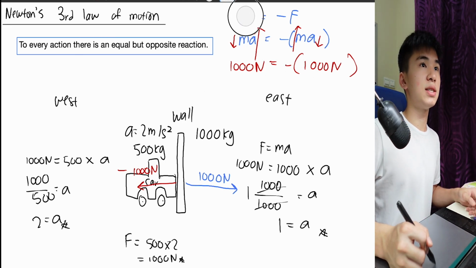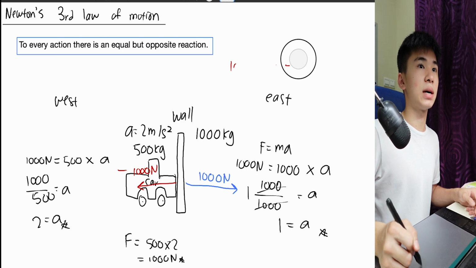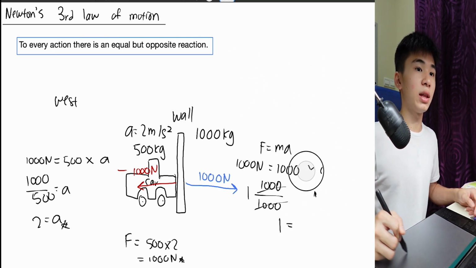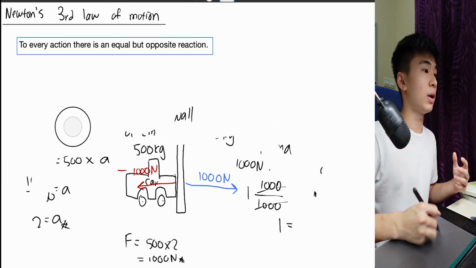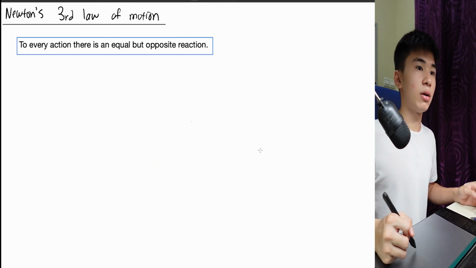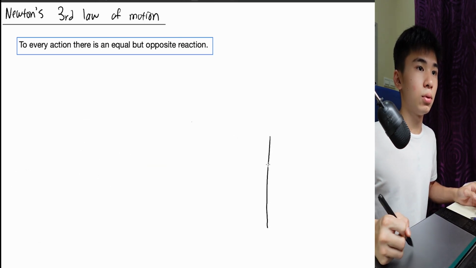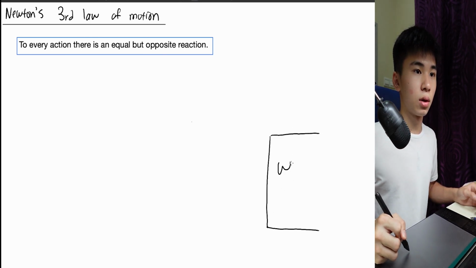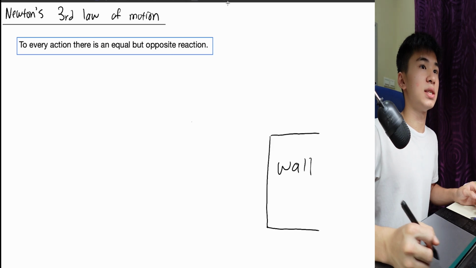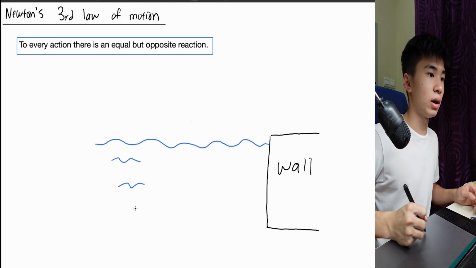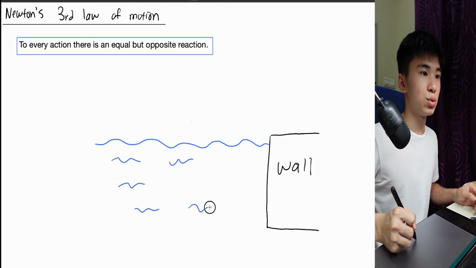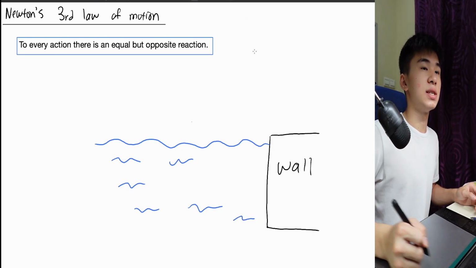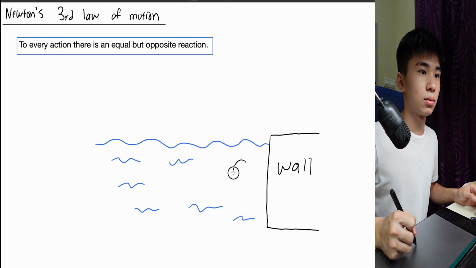Okay, let us just try another example so that you will get a better understanding of what I had just explained. Imagine that you are in a swimming pool and this is the wall, and this is the water. You are in the water, basically swimming, and this is you.